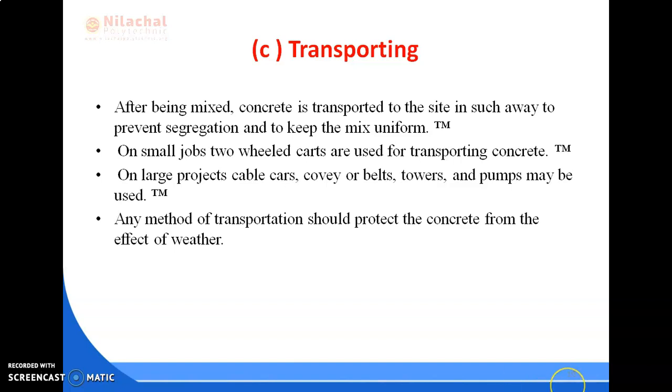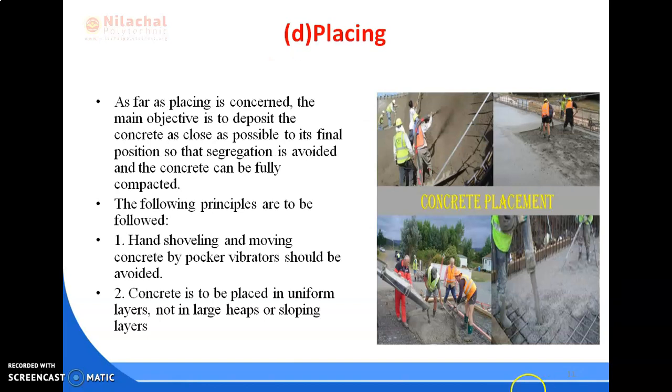The next is placing of concrete. The methods used in placing concrete in its final position have an important effect on its homogeneity, density and behavior in service. The following principles are to be followed during the placing of concrete.